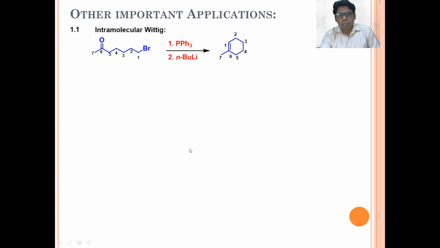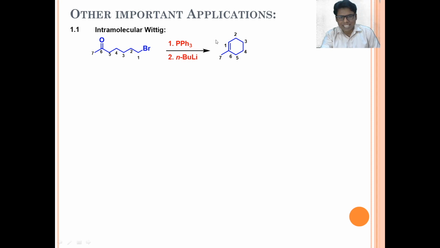Now we'll see some very important reactions here. Intramolecular Wittig reaction in the presence of PPh3 and butyl lithium. So at the outset, this carbon number 1 will generate carbanion out of that halide, which will attack this carbon number 6.